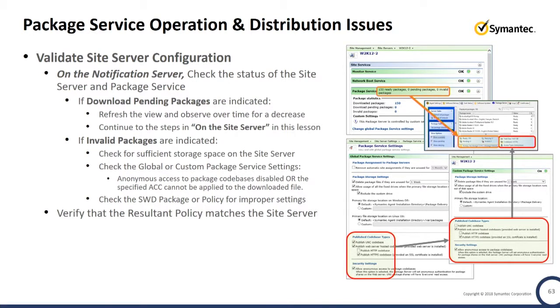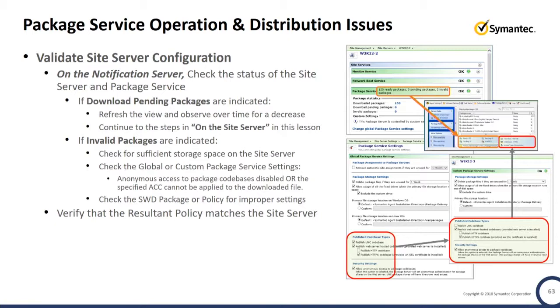And the other important thing is to know the order of operations in this case, or resultant policy. If my package server settings, which are the global ones, right, are saying HTTP and UNC, but the local site servers, or sorry, package server settings are saying something different, it's basically this plus this equals a resultant, right? So always know that the package server will only report what the result is between the two policies, right?